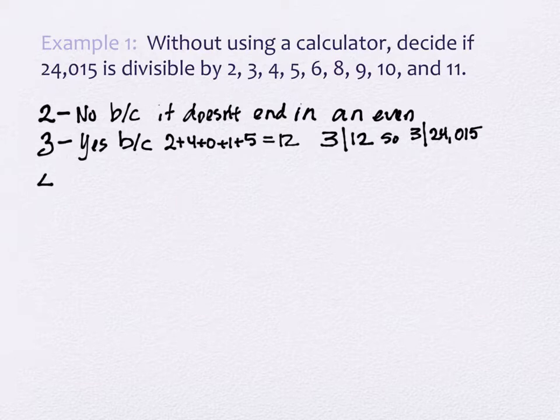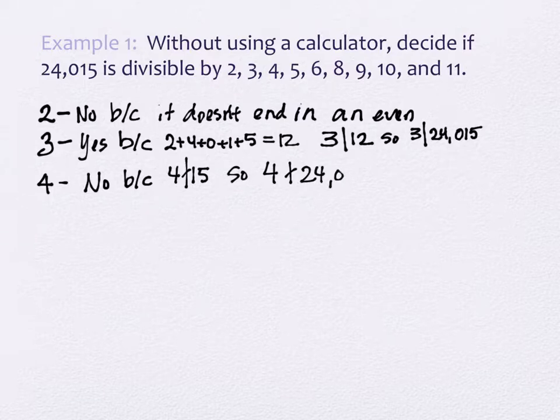How about 4? No. Why? It's not divisible by... Okay, you've added things together, though, and that's not the rule. So the last two digits make 15. We take it all together; we don't multiply or add or anything. It's just 15. And we know that 4 does not divide 15. So 4 does not divide 24,015.